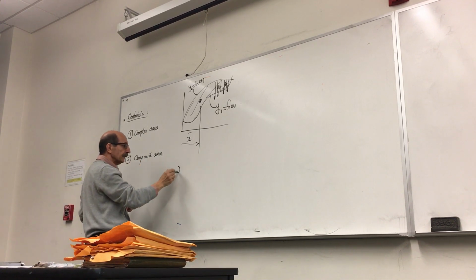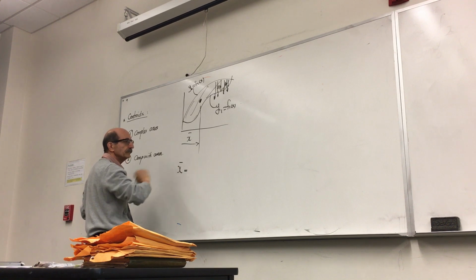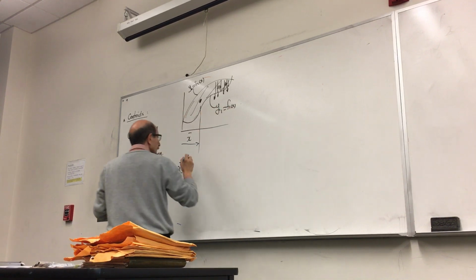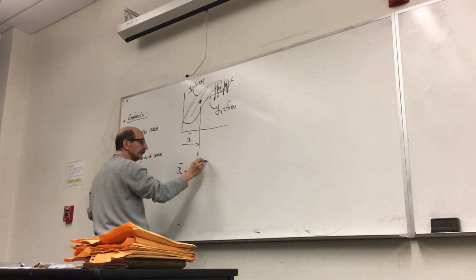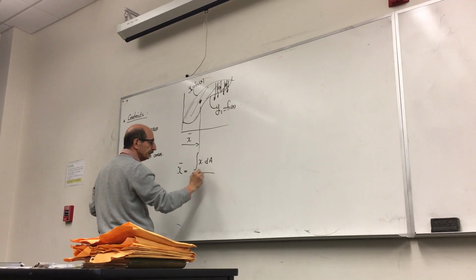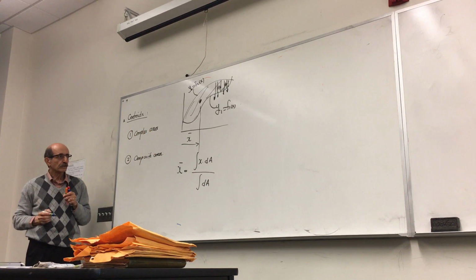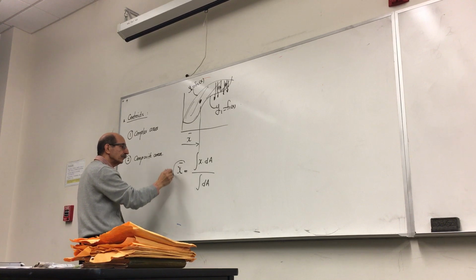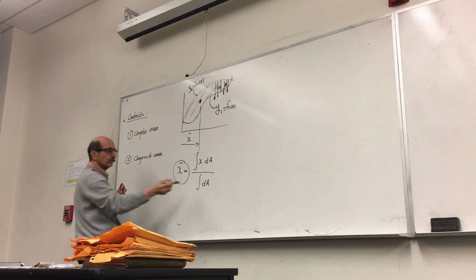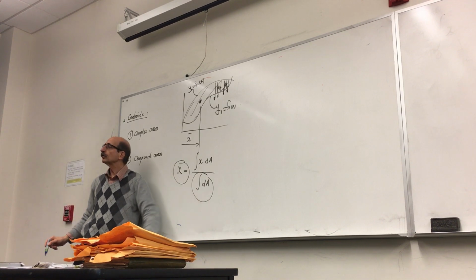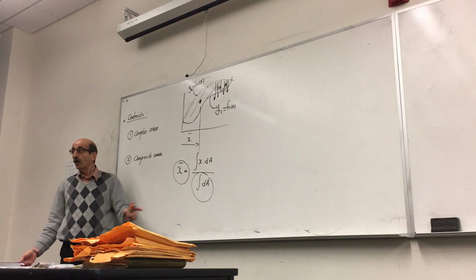In fact, if you look at x bar, okay, is this. Is the integral of x dA divided by the integral of dA. So you find this because the product of that and the total area, which is the moment, right?